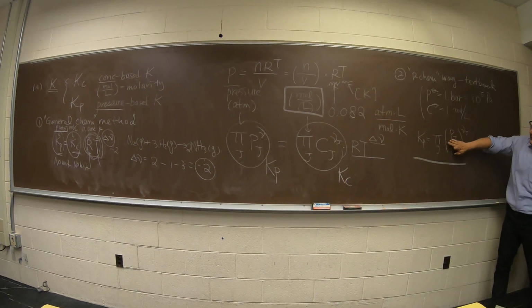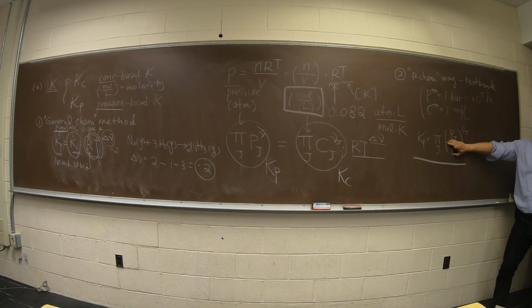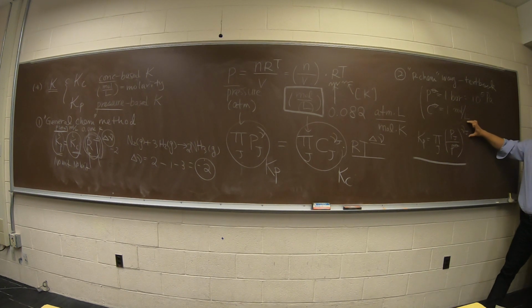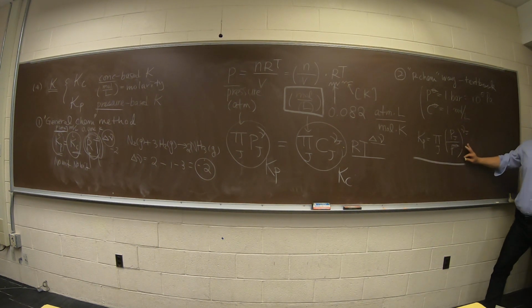So what they do is they essentially do not write the normalization pressure, so that in this case you can use any kind of pressure that you want to use. And this one is 1 bar, and that's the pressure ratio. And then this is the constant that's defined by the reaction. So this is true.